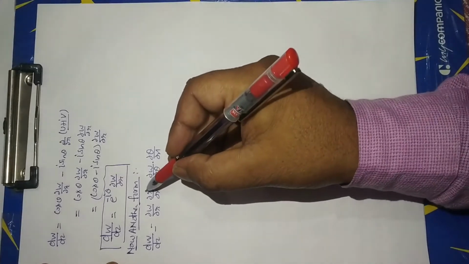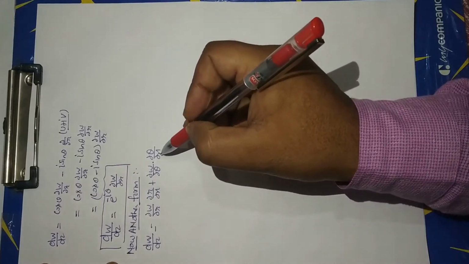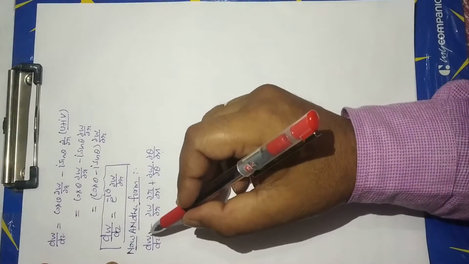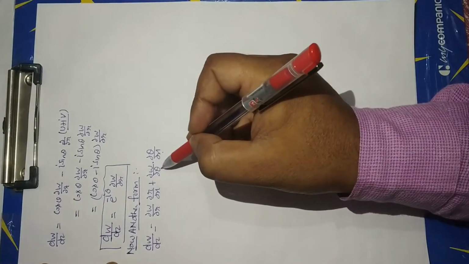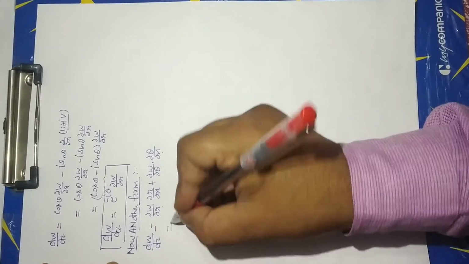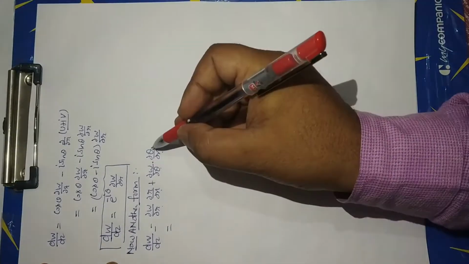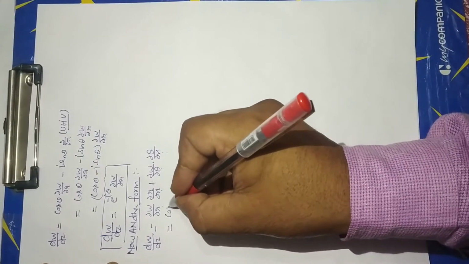Now we can calculate del r upon del x and del theta upon del x. So we want to show the derivative of the function in terms of del W upon del theta. Now break del W upon del r, putting the value of del r upon del x and del theta upon del x. The value of del r upon del x is cos theta.